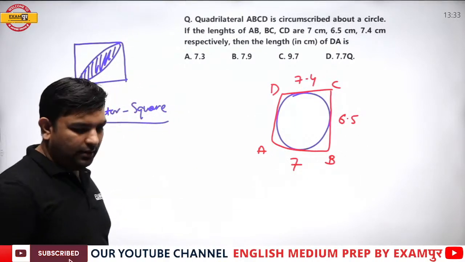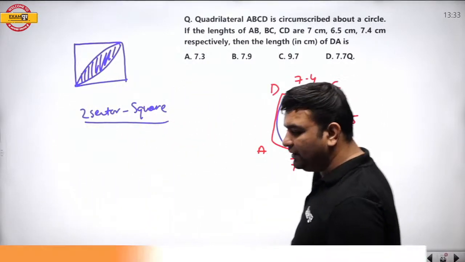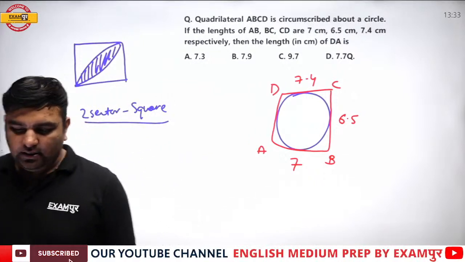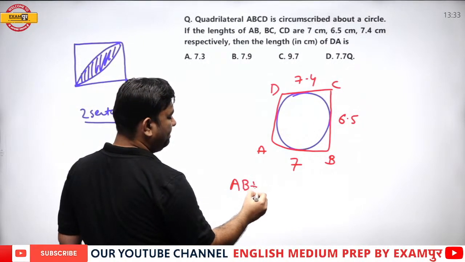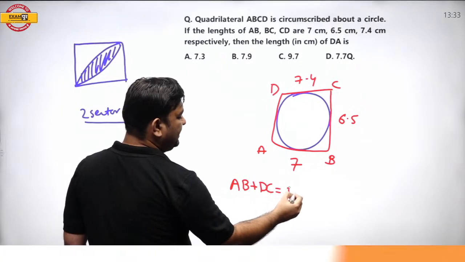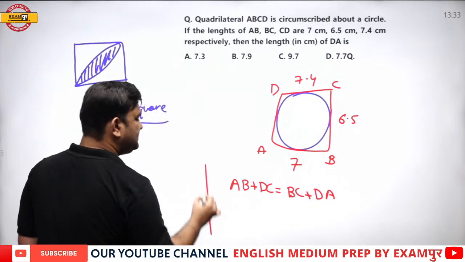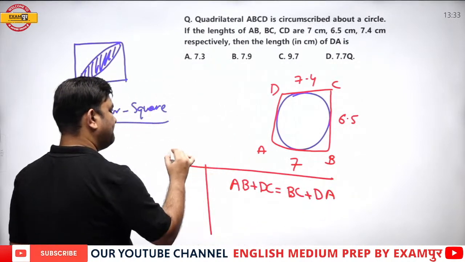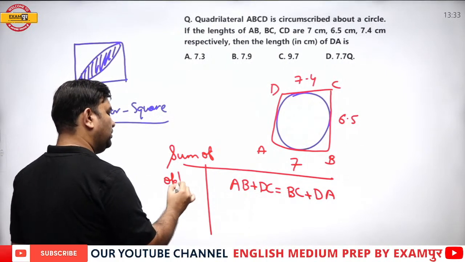What is DA? Guys, whenever the arrangement is like this, the property is that the sum of opposite sides are equal.